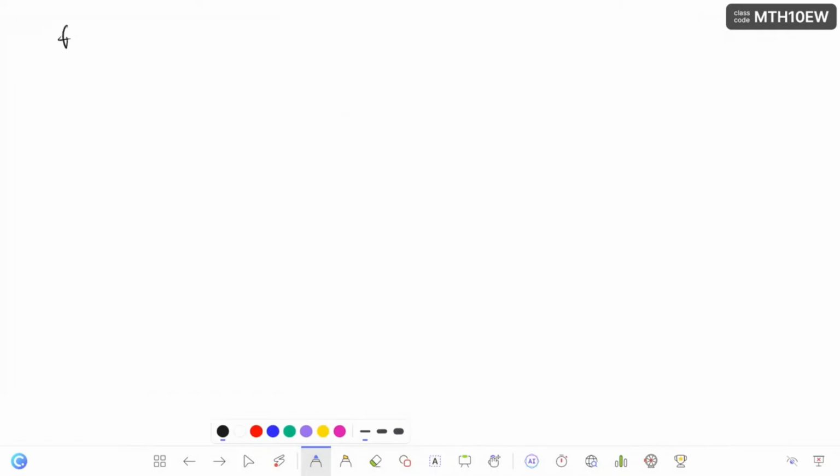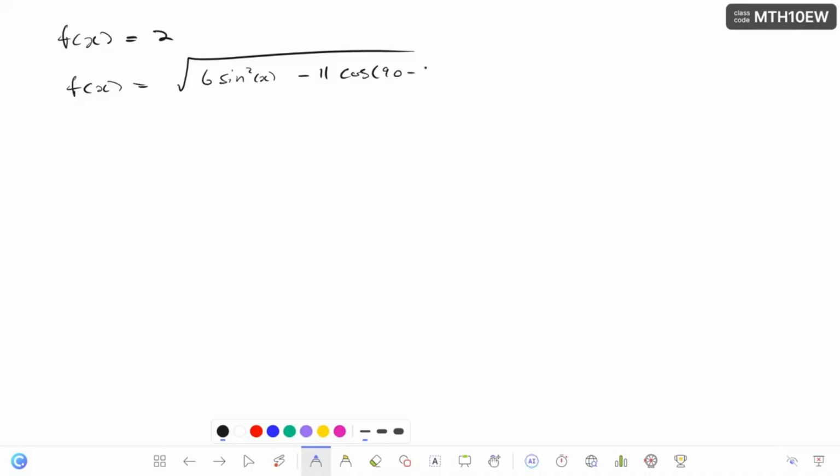So here we're given f of x equals 2, and f of x is equal to the square root of 6 sine squared x minus 11 cos of 90 plus x, and then plus 7.